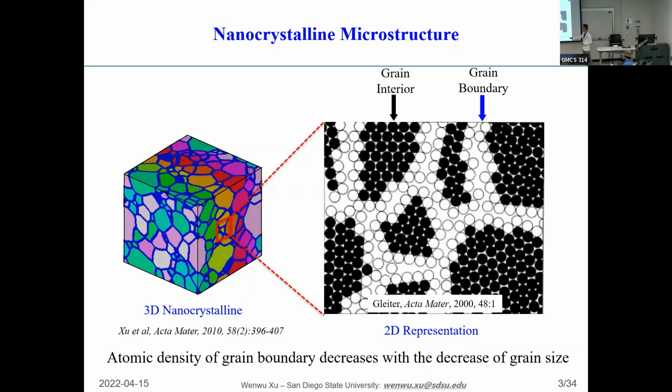But in a 3D nanocrystalline model, the average grain size is less than 100 nanometers, and we have plenty of grain boundaries. And these grain boundaries have such a high density in the volume that they would contribute to the mechanical properties and the microstructure in a significant way.